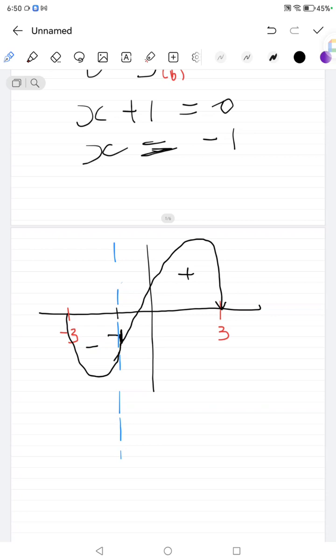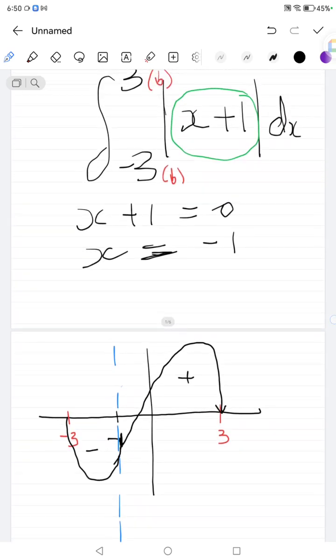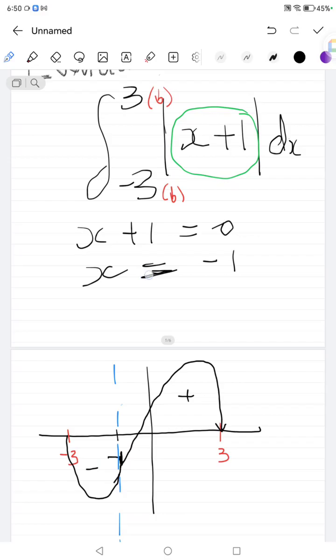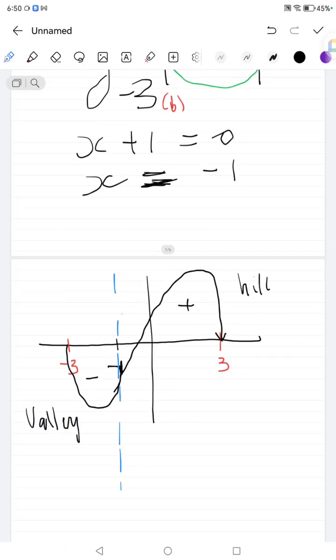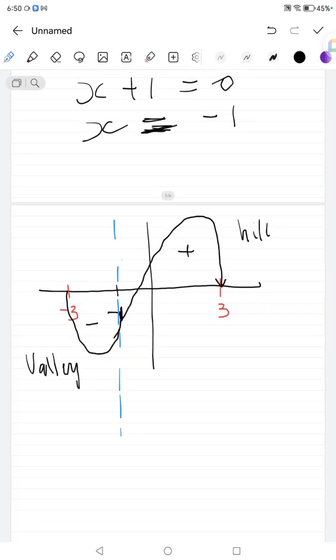So the one that we calculated was just telling us where the path is going to be changing. Remember I said here we just have our hill. This side we can just say we have that valley. So basically what we're trying to do now is change this valley to be positive instead of being negative.